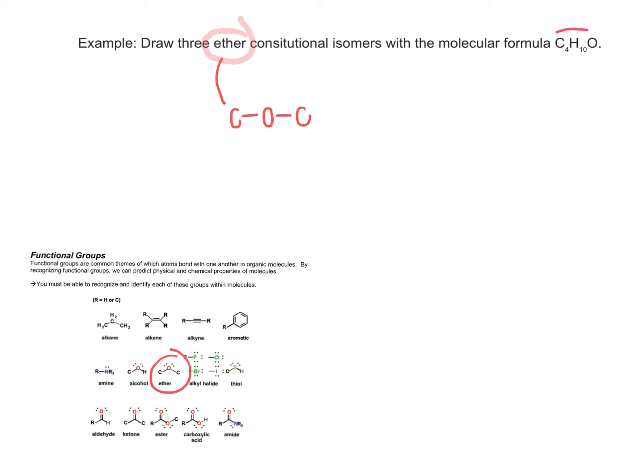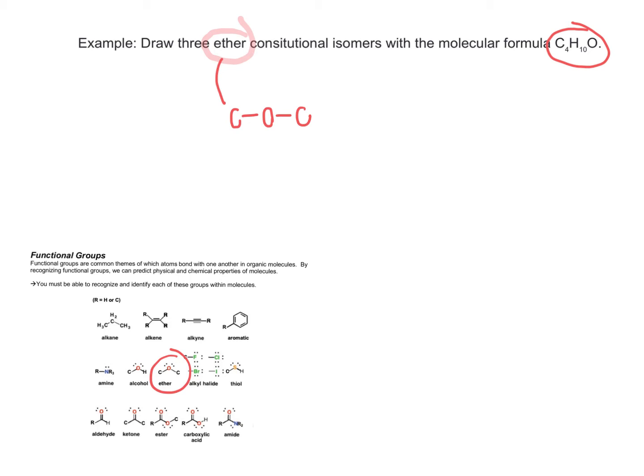And then we have to have 4 carbon atoms, 10 hydrogens, and an oxygen in these. And we can assume that this formula will allow us to fill the complete octet, because in this class we will not be dealing with molecules that are so unstable that they don't fill the octet. So the way that I would approach this is we have that basic definition of what an ether is.